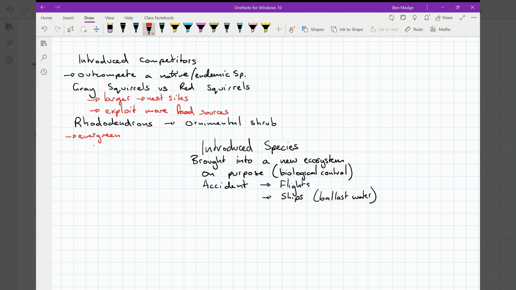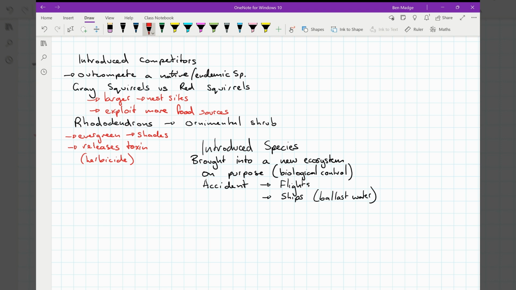So it shades native species out, so it can outcompete native ground flora, so prevent native vegetation growing back up. It sort of also cheats in a way because it can produce a toxin that acts as a herbicide. So it will chemically kill off any other plant that's trying to grow underneath it, which is a neat trick when you think about it.